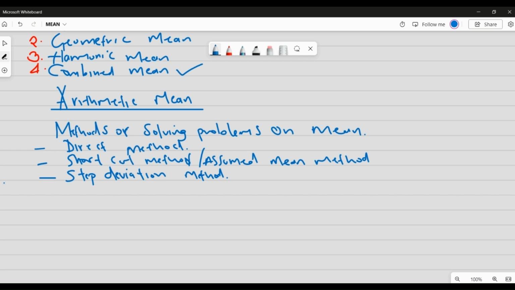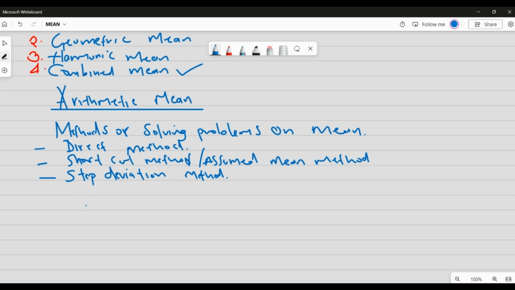For the purpose of this tutorial, we are going to look at a problem on arithmetic mean. I'll also be doing a video illustrating how we're able to use these three methods to solve a problem on mean.